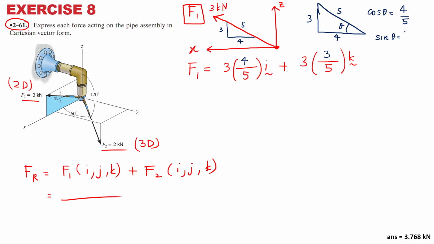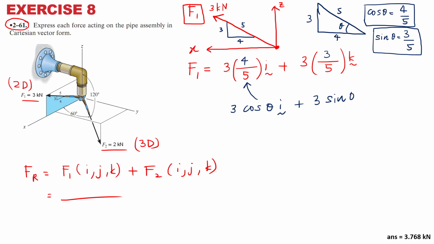Sin theta is actually 3 over 5. So this 4 over 5 is you writing 3 cos theta I plus 3 sin theta K. You are replacing the cos and sin that you have learned in 2D by using this ratio format. So basically you're still doing the same thing.